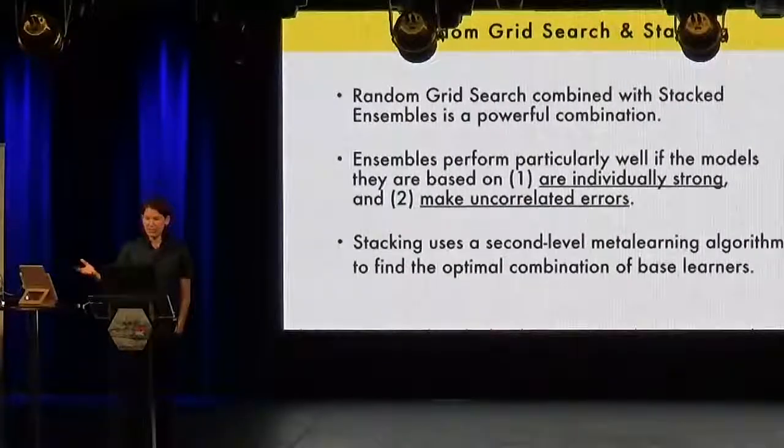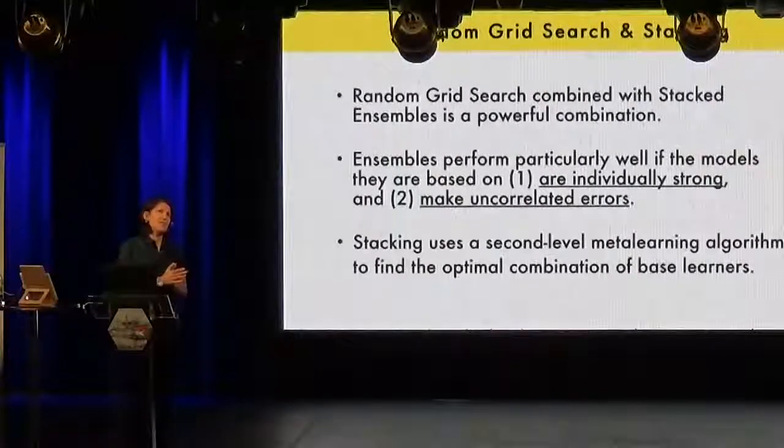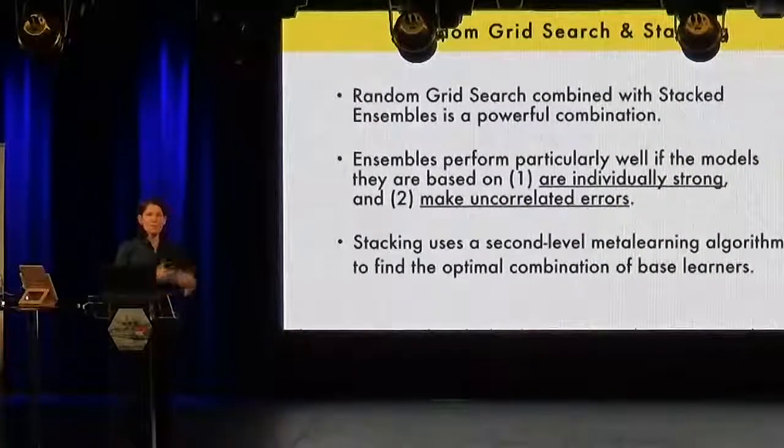And then we ensemble them together. One way to get even more diversity, in addition to using a bunch of different types of algorithms, is that we do random grid search within each of those algorithms, so that all the GBMs are very different from each other, and all the random forests and all the deep neural nets. That's why we like to combine those two things together. It's also very easy to do a random grid search.